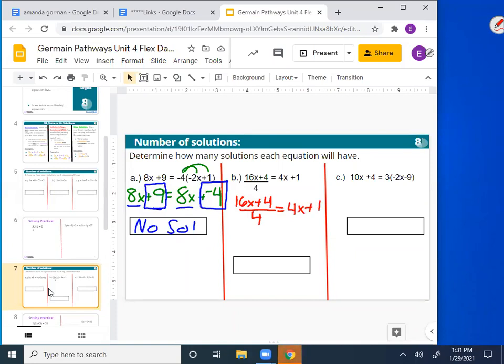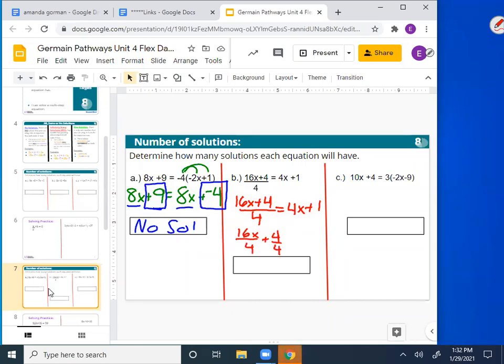Okay, nice job, Bridget. I like that thought. What do you guys at home think you might have to do with this first step? There's two possible moves. Bridget said divide the 16x by 4 and divide the 4 by 4.